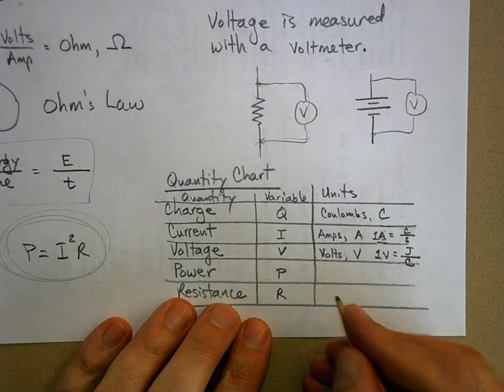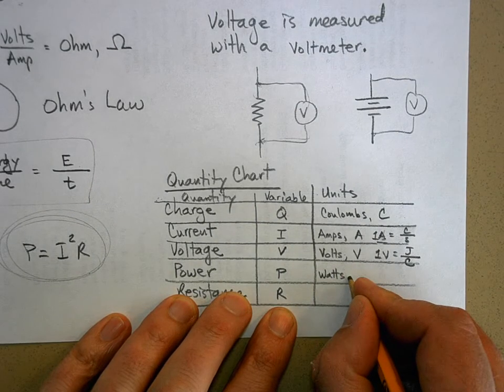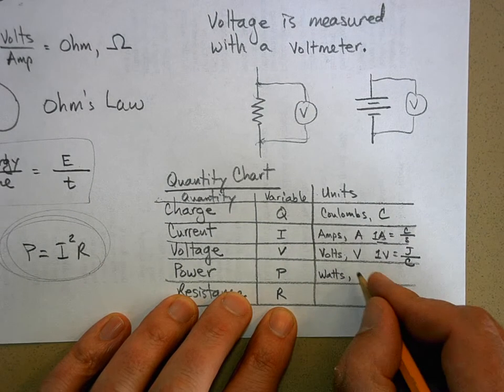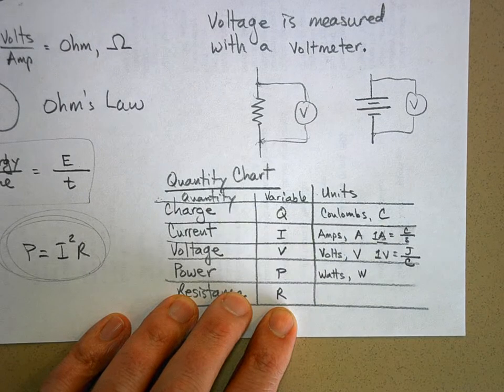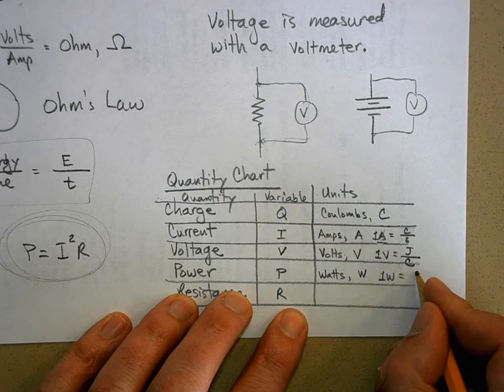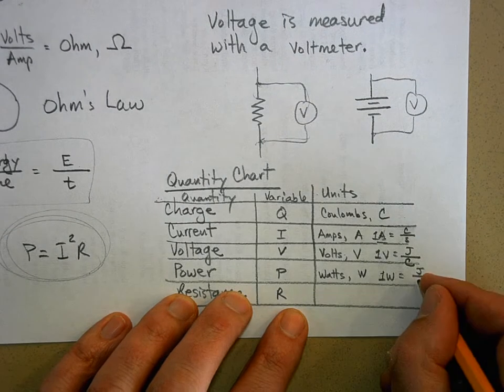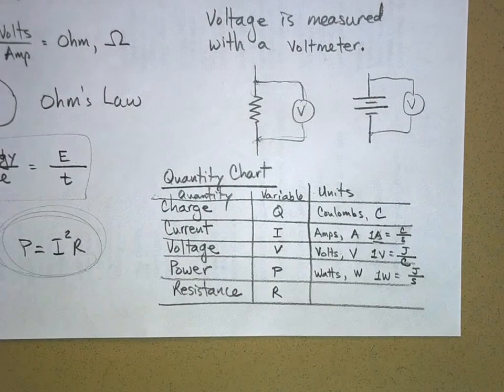Now power is measured in watts. And we use the letter W for watts. And 1 watt is a joule per what? Joule per second. It's the rate at which energy is being delivered.